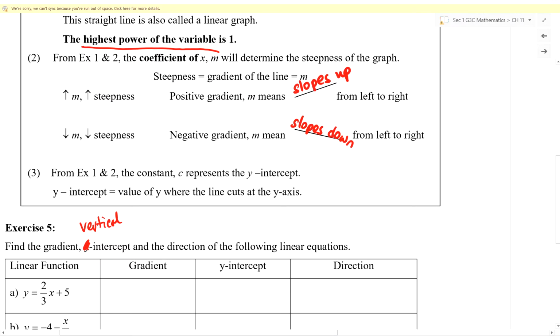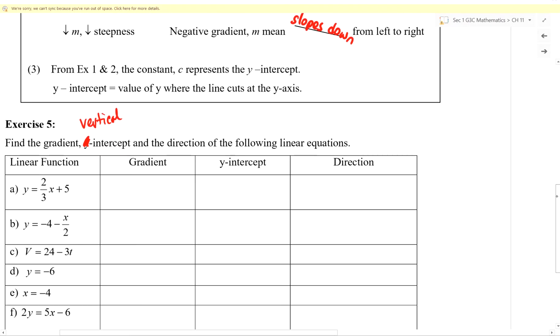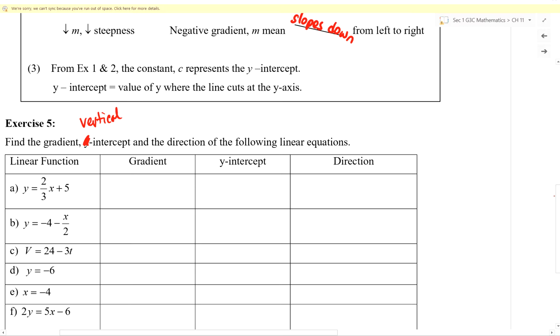And we've also got our y-intercept. The y-intercept will be the constant term. Now let us try exercise 5. We are supposed to be able to look and tell what a gradient is, what a y-intercept is, and what a graph looks like. So let's start with the first one. Please change this y-intercept to vertical intercept. Most of the time it is y, sometimes it is not y.